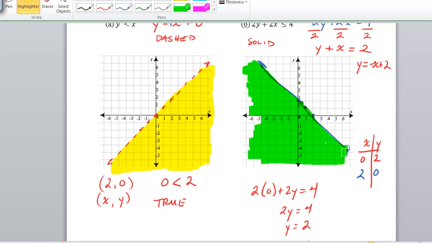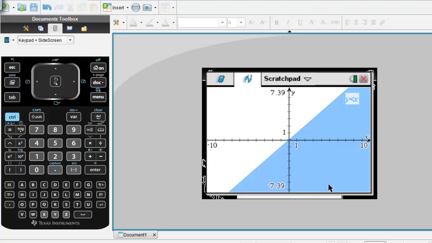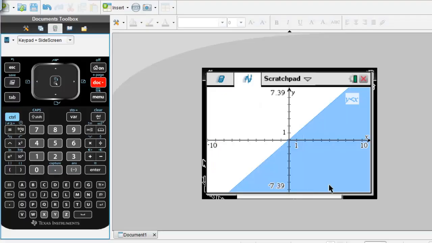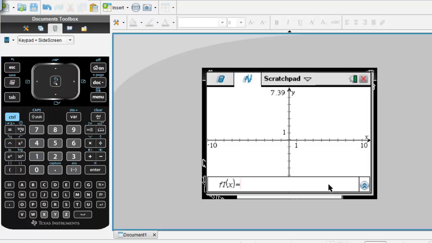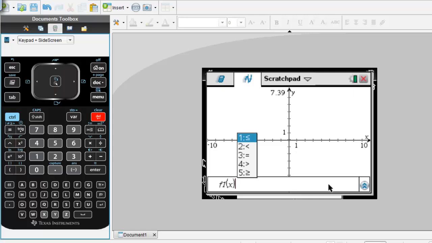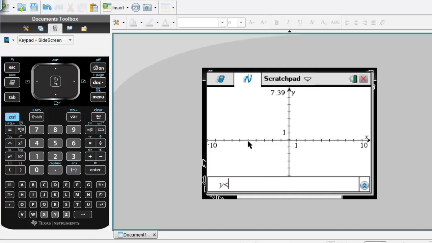Now, let's say you want to check this on your calculator. If you come to your calculator, and I'll clear this out one more time, you notice that it's f of x, and if I come back here and I'll make it an inequality, then we have a situation where it is y is less than or equal to.